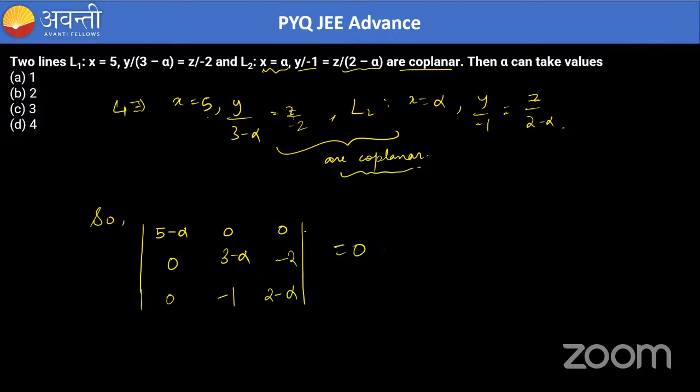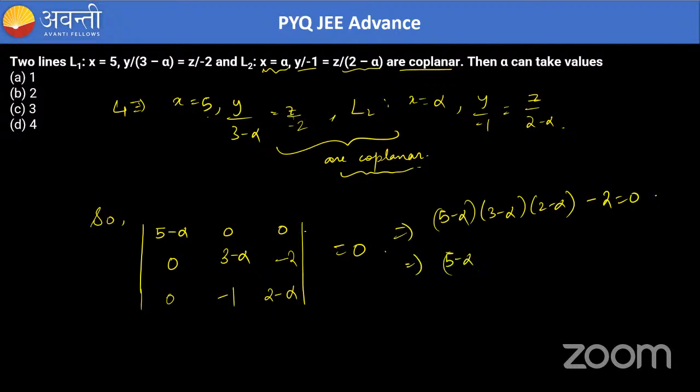So this value should be equal to 0, right? So from this you can make out that 5 minus alpha into 3 minus alpha into 2 minus alpha minus 2 should be equal to 0, right?